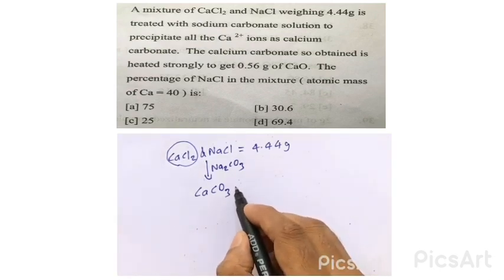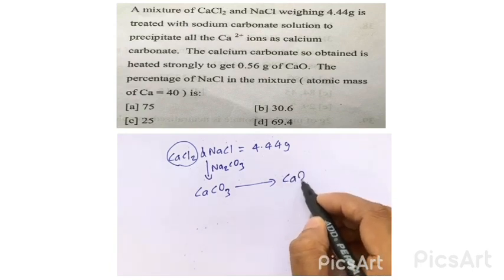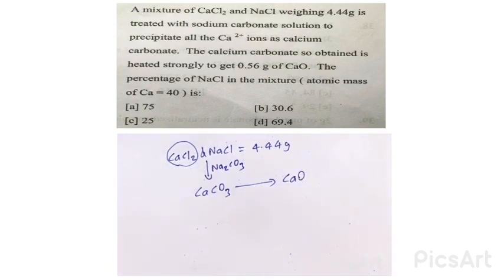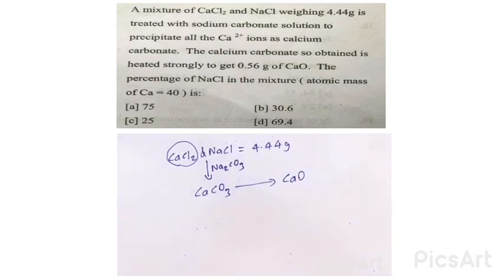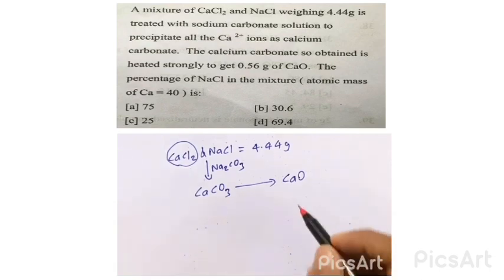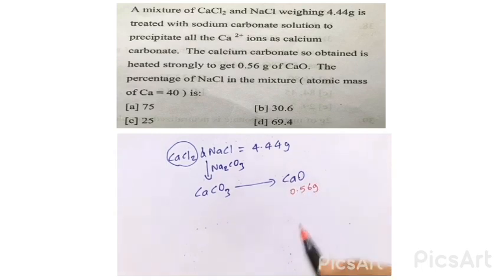On heating, this CaCO3 gives CaO. And we have to calculate the percentage of NaCl in the mixture. And it is given that we get 0.56 gram CaO.